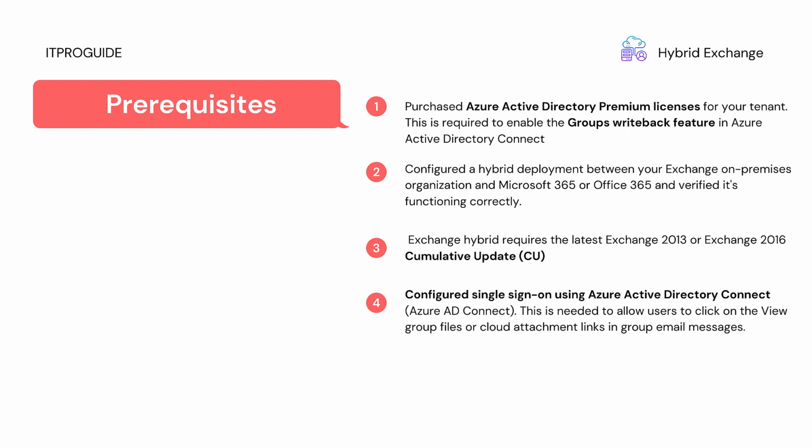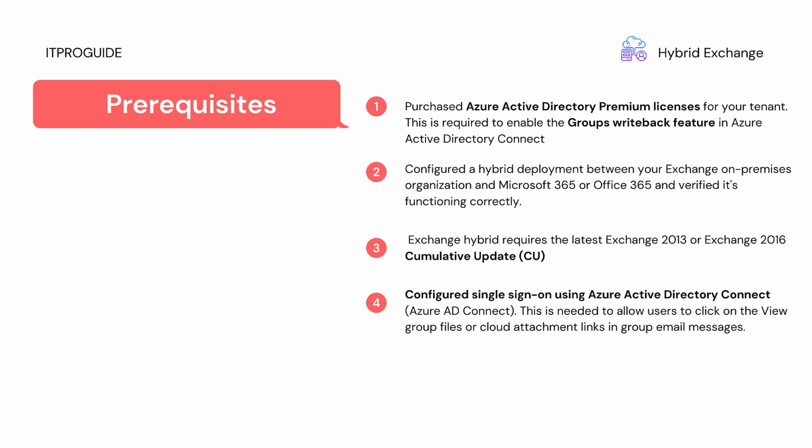But as this is a feature from Microsoft 365, you need to enable group write back, and this is one of the features that requires synchronization in the other direction. In all the other videos, Active Directory synchronizes only in one direction, from on-premises to Azure AD.